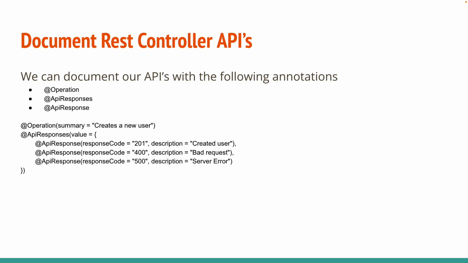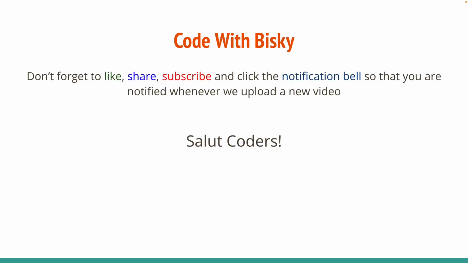And we have API responses, which is a list of API responses, whereby for each response we specify that this API will return the following response codes, either 201, 400, 500, 401, 403, so that other developers know which response codes to handle on their front end applications.